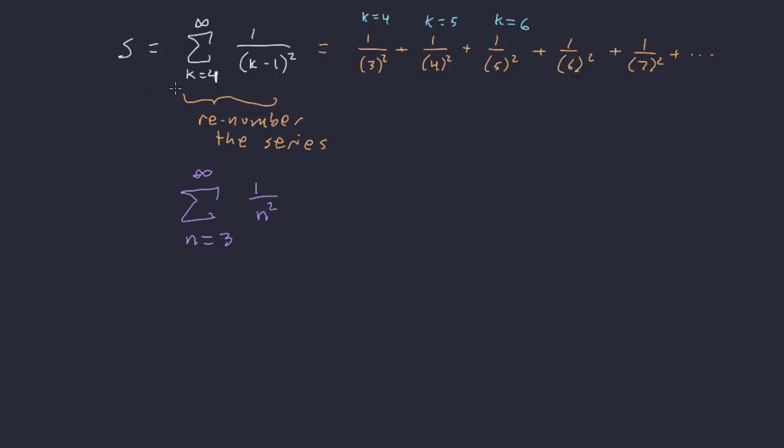These two series are the same. Notice I'm not rearranging the series, I'm just renumbering it. I'm re-indexing it. I'm labeling it differently, but I'm not changing what makes the series a series. There's some weirdness that comes up later that we have to be careful about. But this is a convergent p-series.